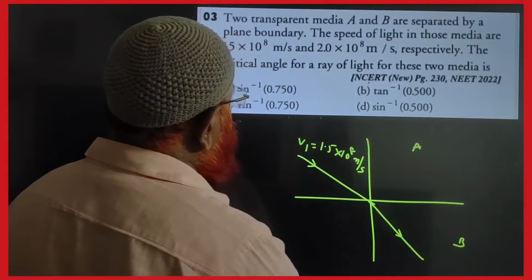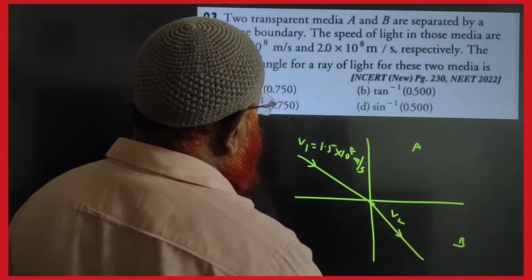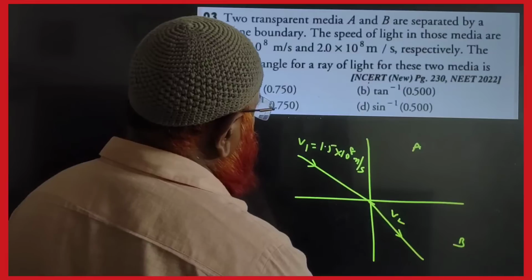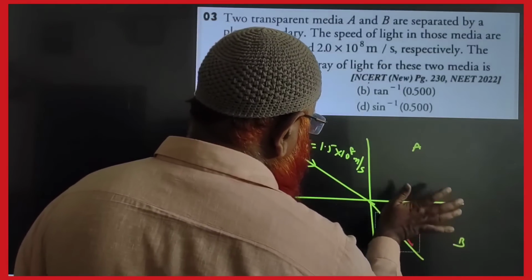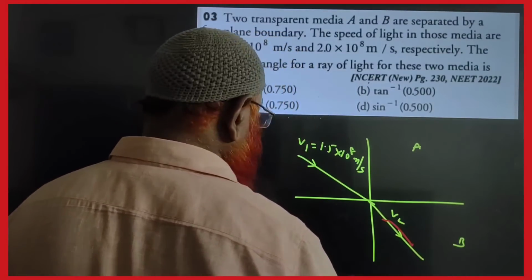Let us take the other medium in which the velocity of light is greater. What is the meaning of greater?